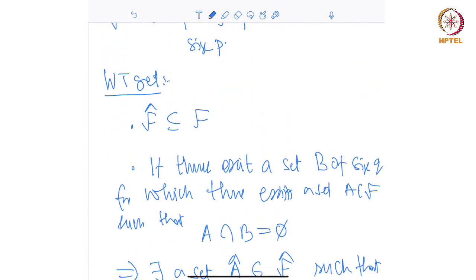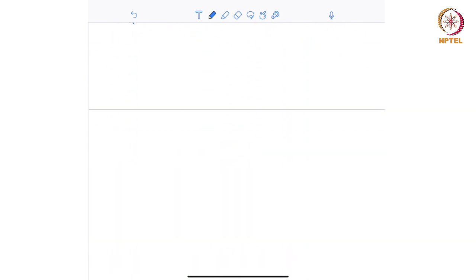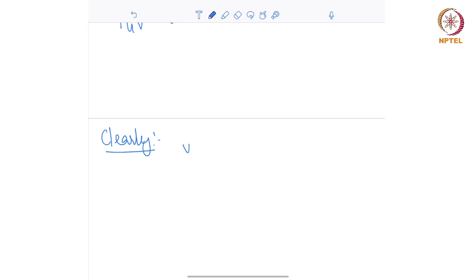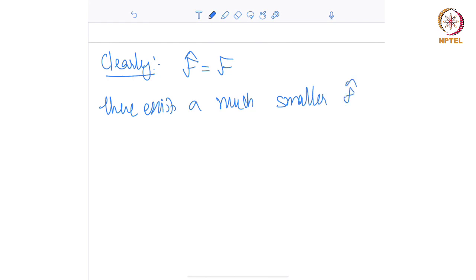Definitely, for F hat we can take F. But we will show you in a minute that there exists a much smaller F hat.